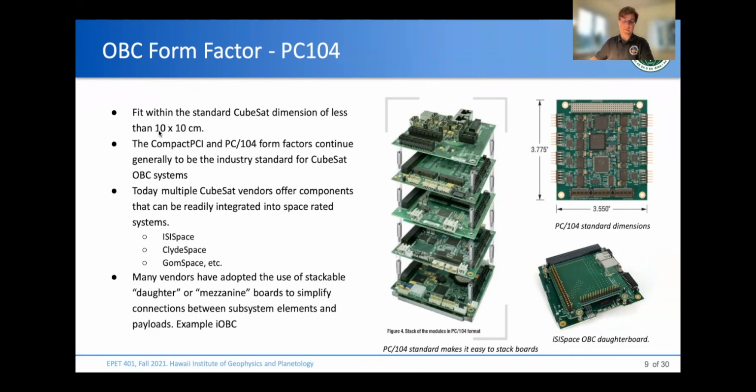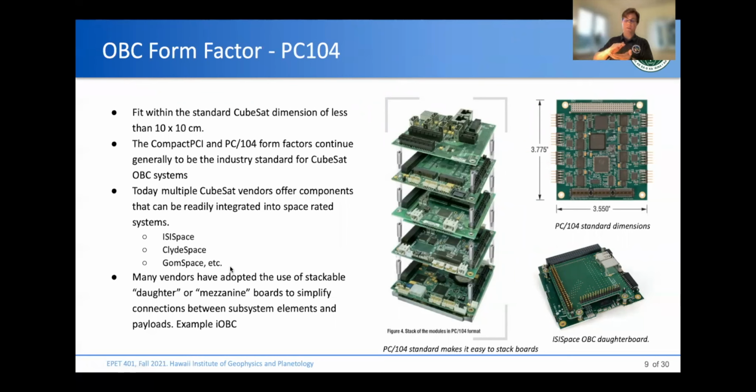So this fits within a 10 by 10 centimeter volume, which is, again, the CubeSat form. It's been used by several space companies like ISIS-Space, Clyde Space, ComSpace. Here at HSFL, we also have developed our own flight computer based on this form.